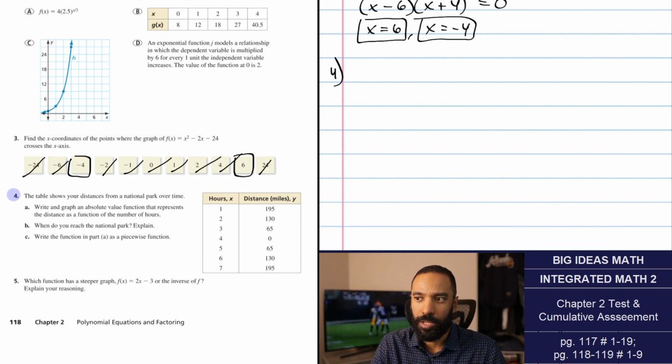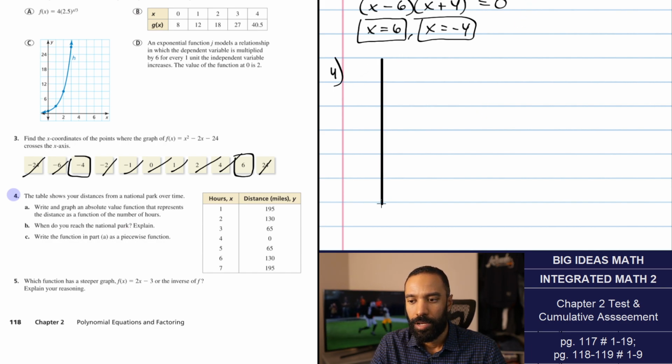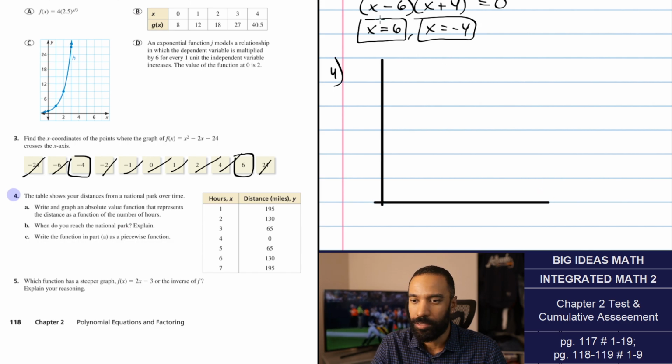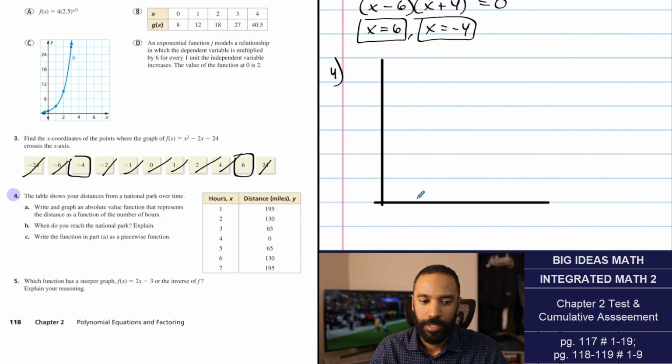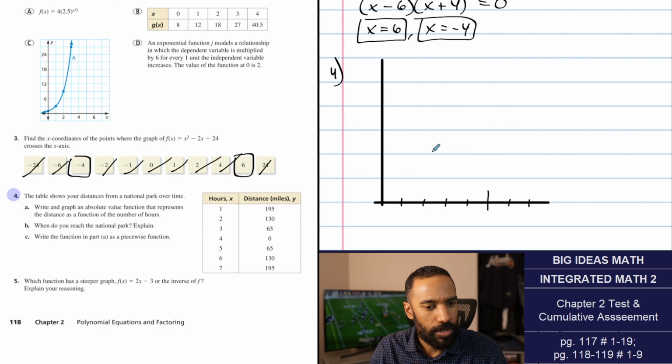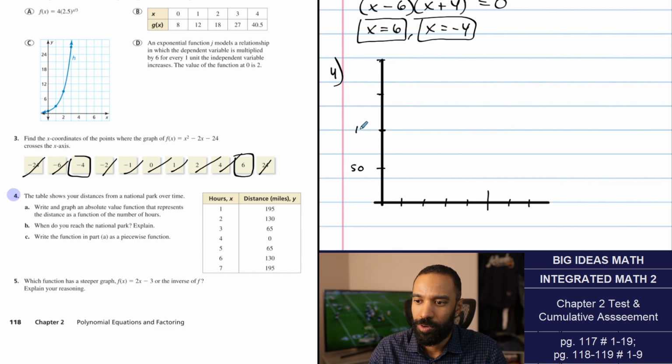So I'm going to begin with the graph on this. It's not going to be a beautiful one, but we go 1, 2, 3, 4, 5, 6, 7. And this goes up to about 200 something. So we'll go 50, 100, 150, and 200.